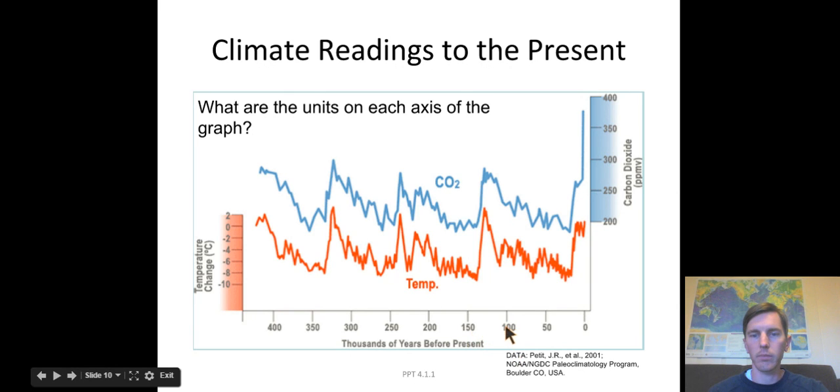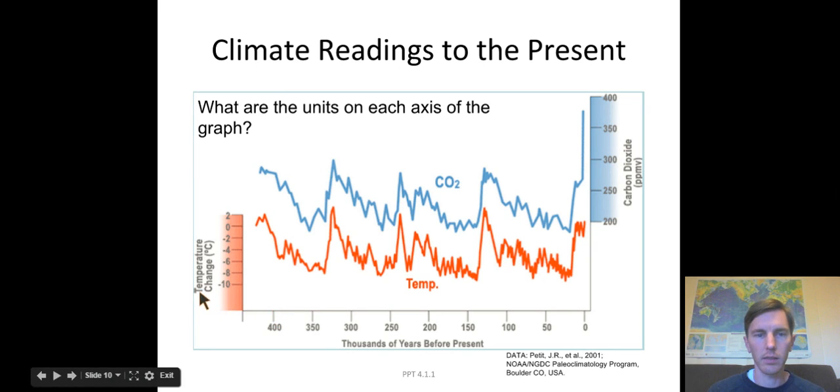So the measurements above this number are from 100,000 years ago. The measurements above this number here are from 250,000 years ago, and so on, all the way back to measurements that must come from 400,000 years ago. Okay, so I can see these measurements are really, really old, up to over 400,000 years old.